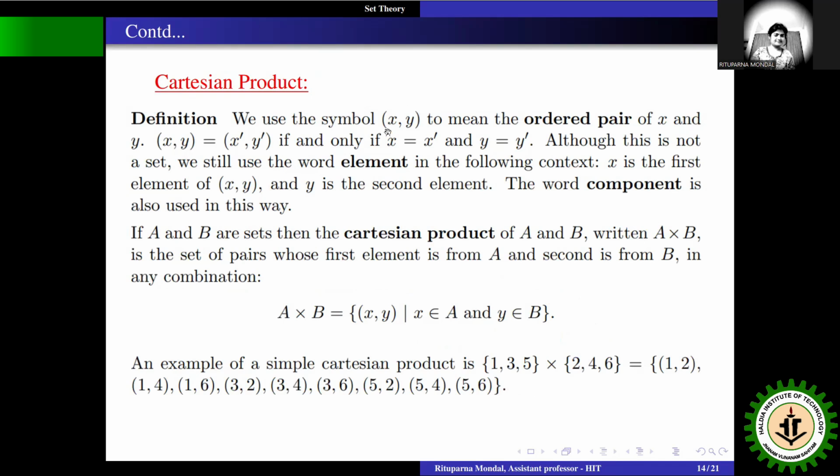So, if we take two ordered pairs, that means (x, y) and (x', y'), these two ordered pairs are said to be equal if and only if x equals x' and y equals y'.